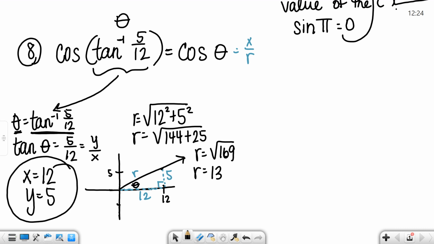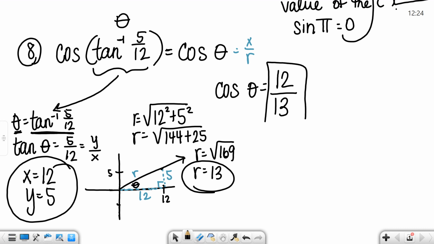So there's my x and y value, and there's my r value. So the cosine of the theta that we're asked to find is the x value we just found, 12, over the r value we just found, 13. And that's the answer to that question, 12 over 13. Awesome.